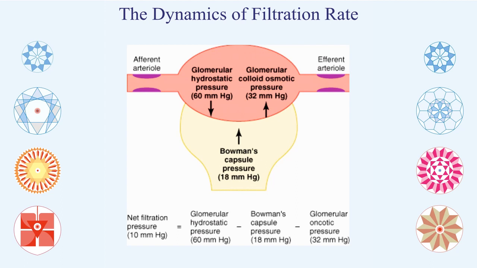Minus the 32 of glomerular oncotic pressure or colloidal pressure, the result is 10 millimeter. This is the pressure difference between the glomerular capillaries and the capsule. Because of the higher pressure in the capillaries, filtration easily passes from one side to the other, and as a result you don't need any facilitating mechanism like ATP or other mechanisms.